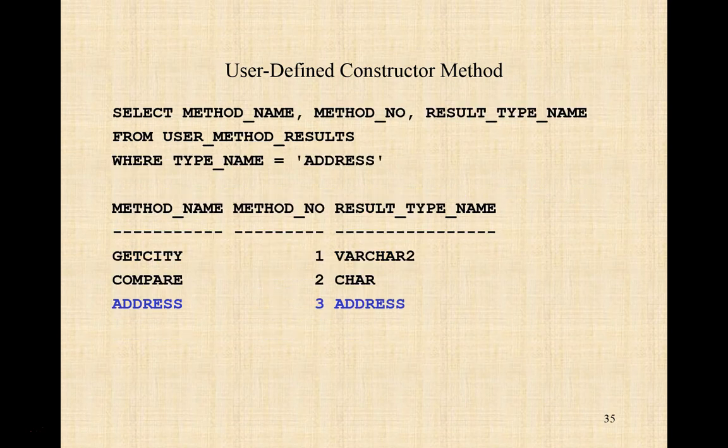A little more of the metadata. If we examine user method results for our address type, we again see get city and compare as previously defined, but we also now see address listed as the third method because it was defined in that position. And its result type is address, an object type of address.